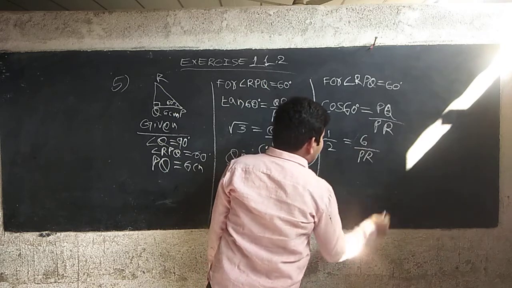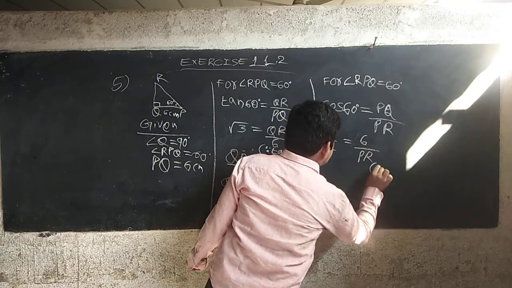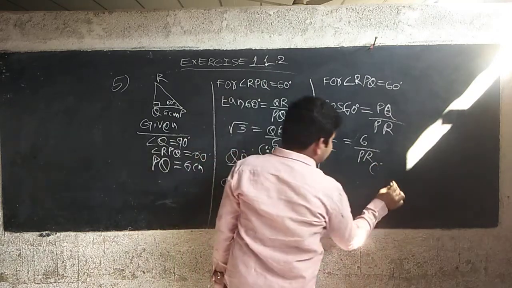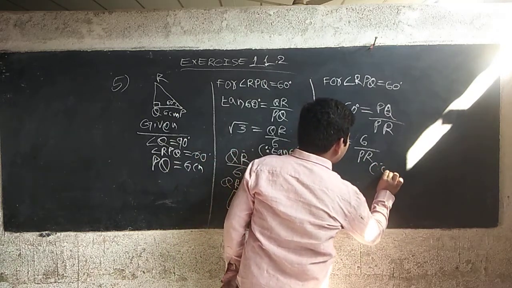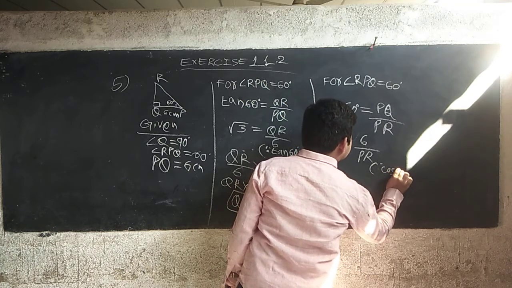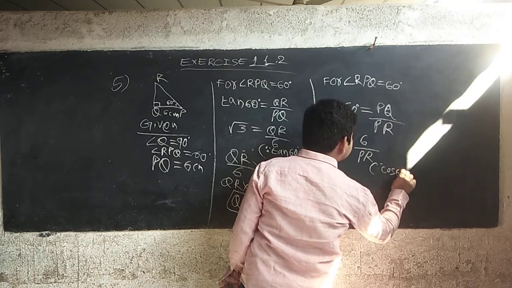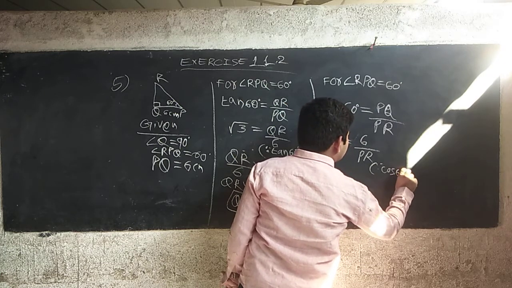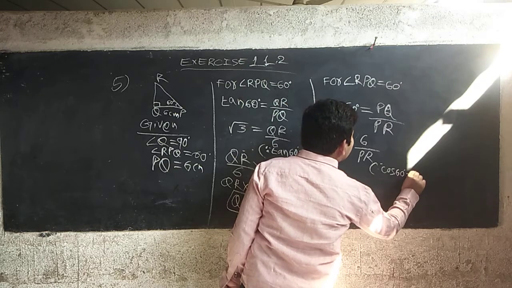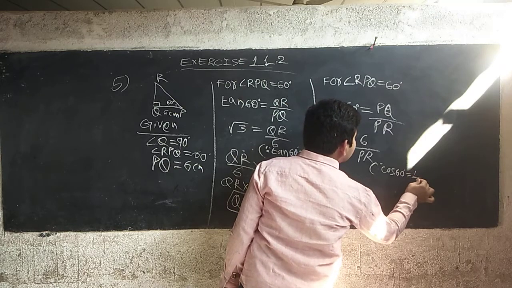Here we have to write, since cos 60 degrees equal to 1 by 2, which is obtained from our trigonometric table.